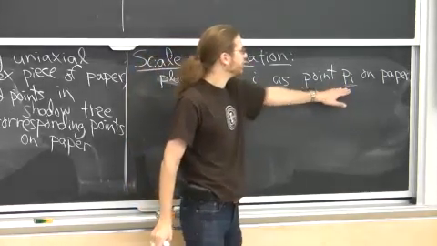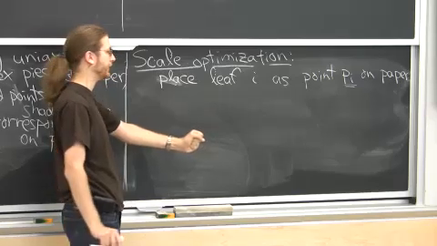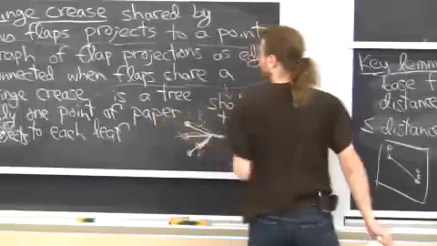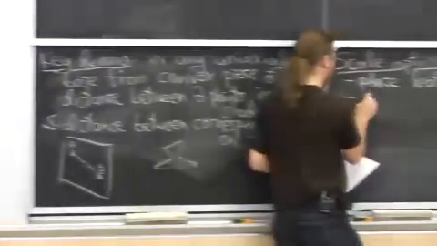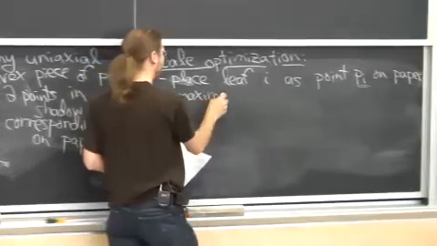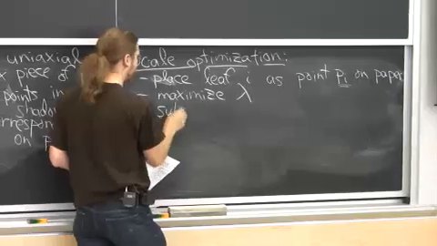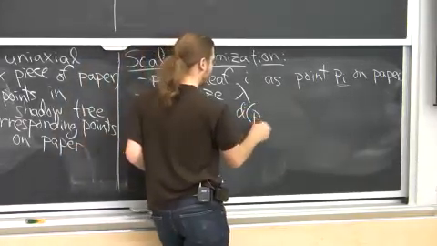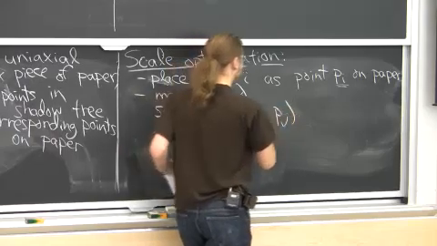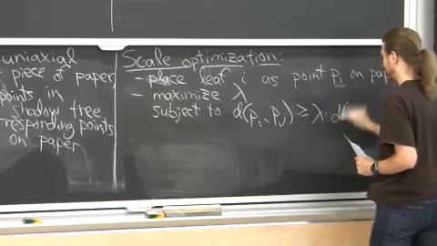And then P_i is going to be the point of paper that actually forms that leaf in the folded state. That leaf, which corresponds to a single point of paper, projects to that leaf. And then my goal is to maximize some scale factor, which I'll call lambda, subject to a bunch of constraints, which are just those constraints, except that I add a scale factor.